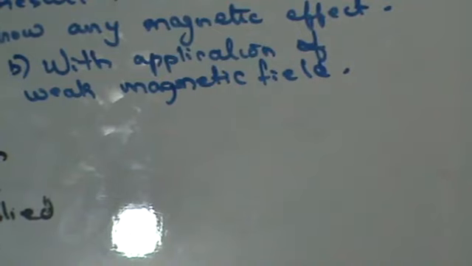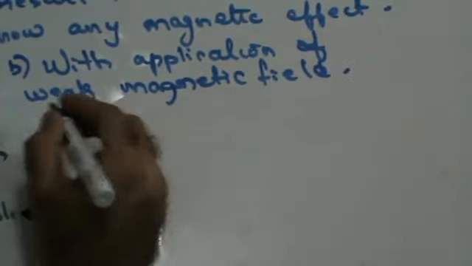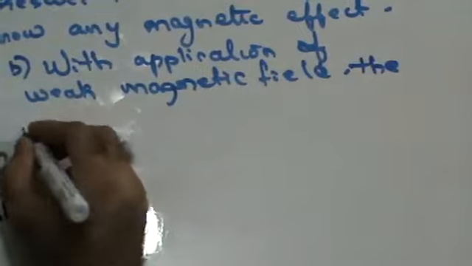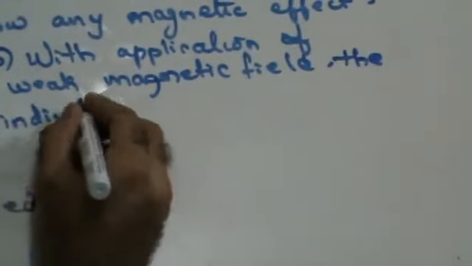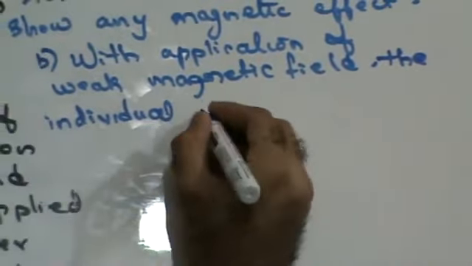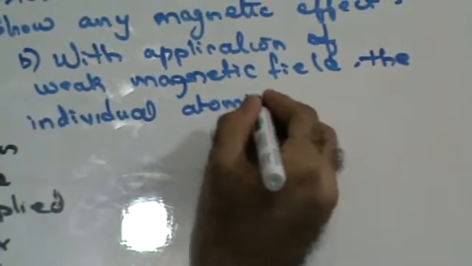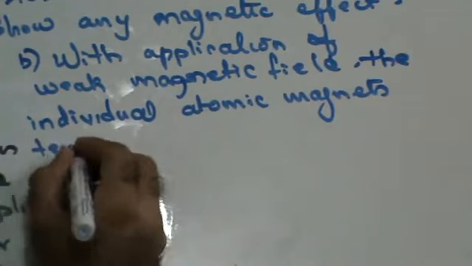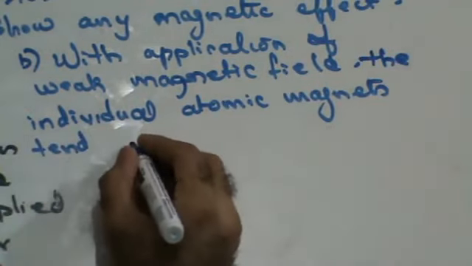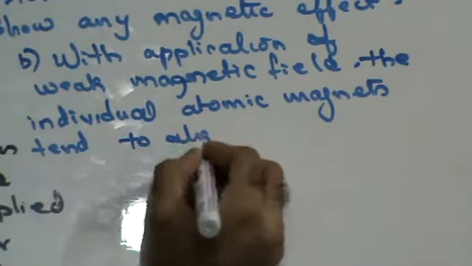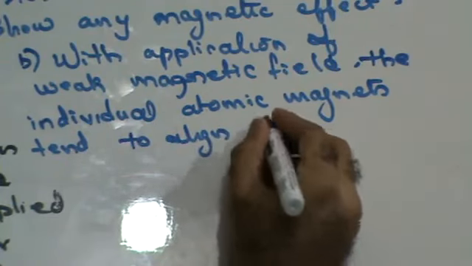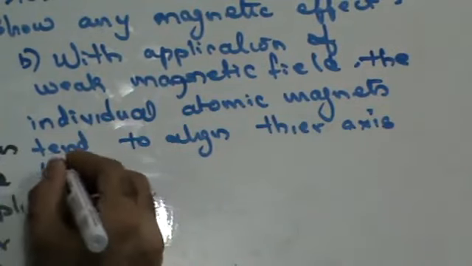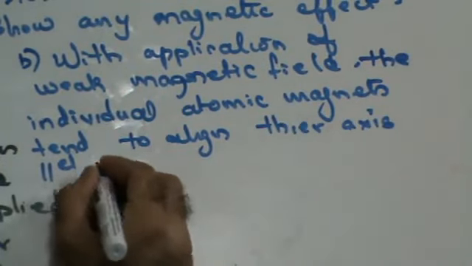So with the application of weak magnetic field, the individual atomic magnets tend to align their axis parallel to the direction of the field.